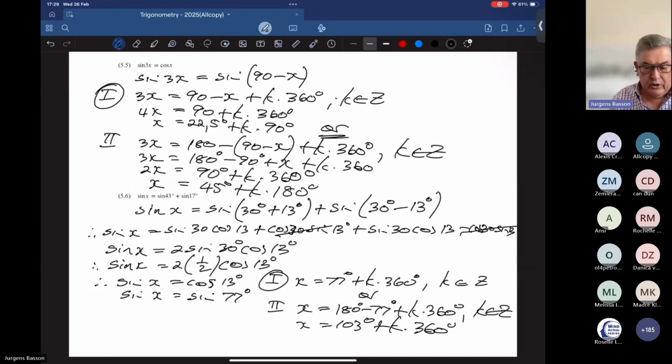One of the colleagues asked me about 180, 360 and tan. What I did in the grade 11 textbook, not in the grade 12, it is in the grade 11 textbook. I pretty much like, when I do equations and I have an equation with tan, to do it exactly the same as what I do with sine and cos.